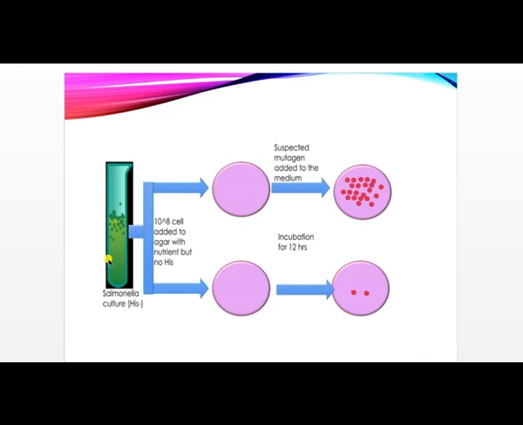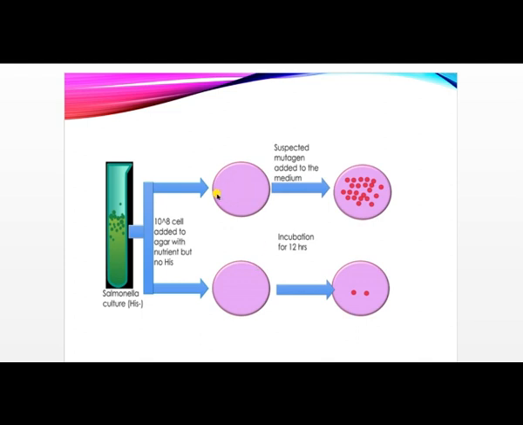So we are proceeding through these two steps. We are taking the cells of the Salmonella and adding them into the agar with nutrients, but here with absence of what? Histidine. Okay, so in this Petri plate, in this culture, we are loading our bacterial culture.